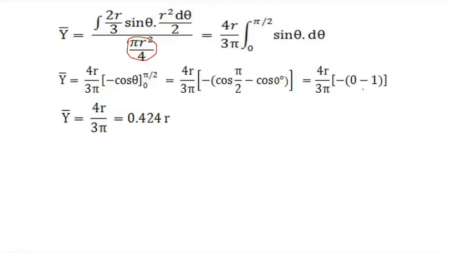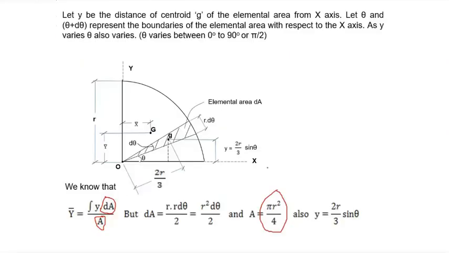You can also write it as 0.424 r. One more difference between the semicircle and quarter circle is that it is not symmetrical about any axis, so you will have both x bar and y bar.